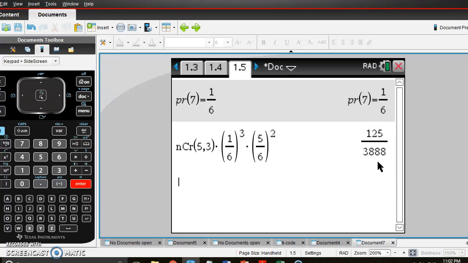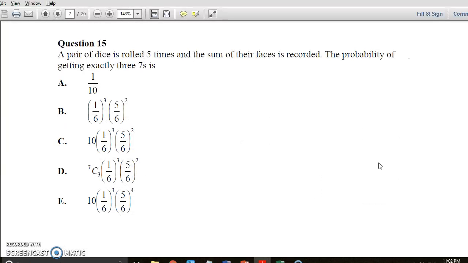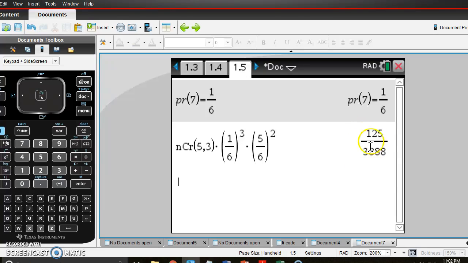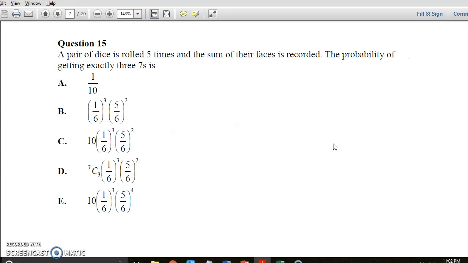Doesn't seem right. That's what we ended up with there. So we know it's not 7C3. We'll look at this thing with the 10. Now we've got either this one or this one here.